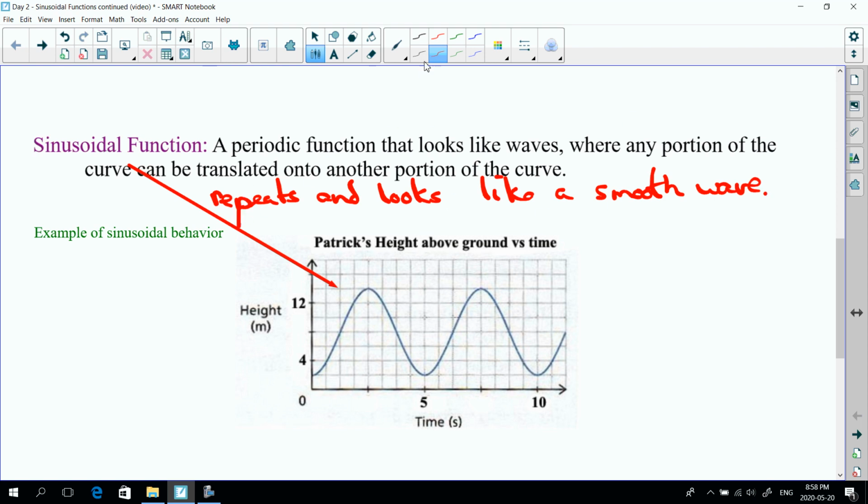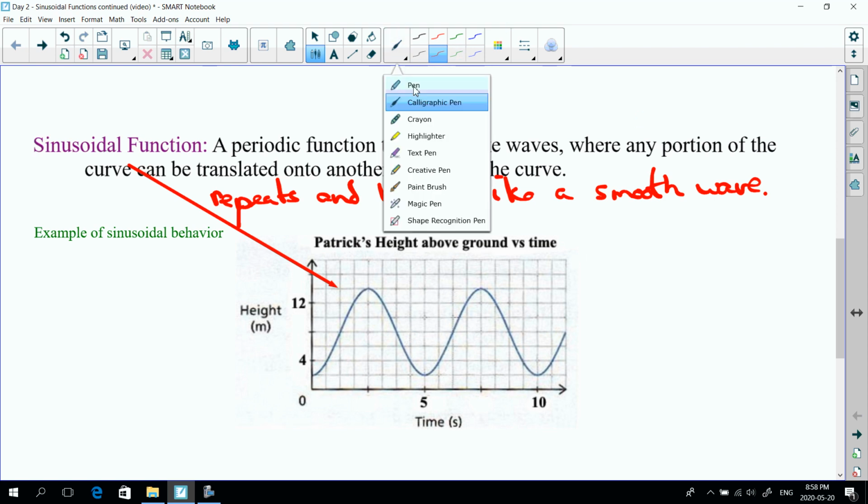And here's an example, okay? This function down here is an example of sinusoidal behavior. It does repeat, but it also looks like a smooth wave, okay? And that function is modeling Patrick's height above the ground versus time.